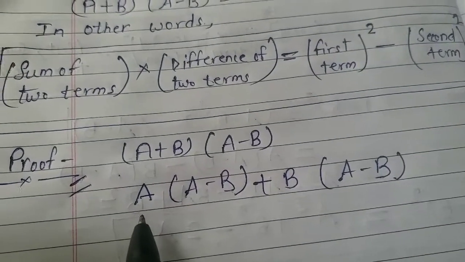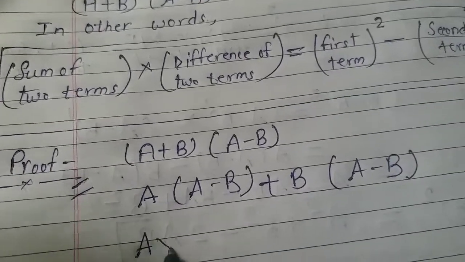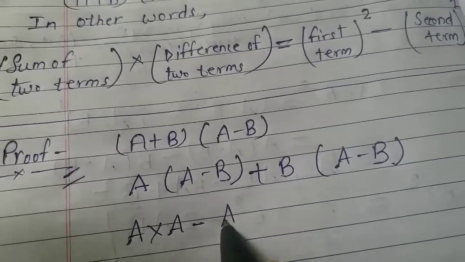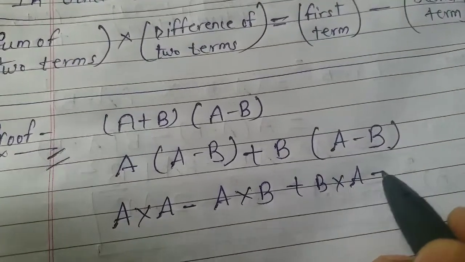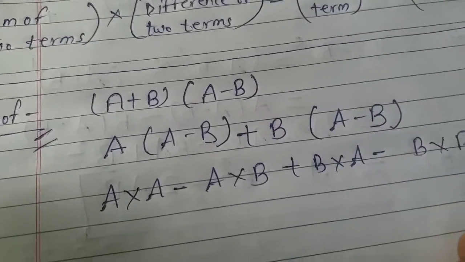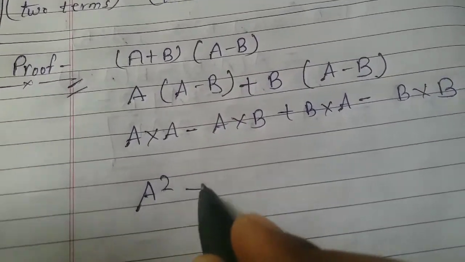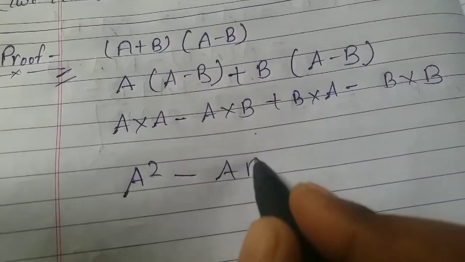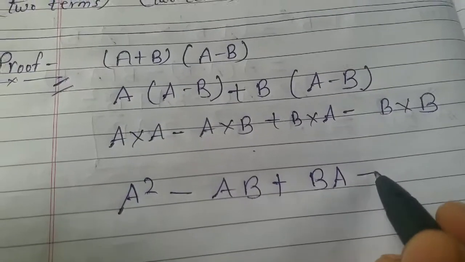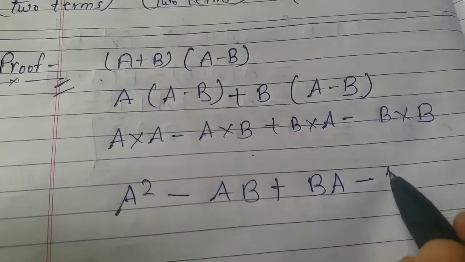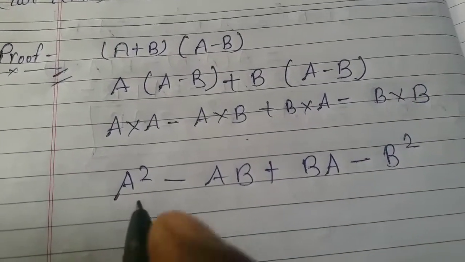Now we multiply a by the binomial (a - b), it becomes a into a, minus a into b, plus b into a, minus b into b. A into a gives a squared, minus ab, plus ba, minus b into b becomes b squared.